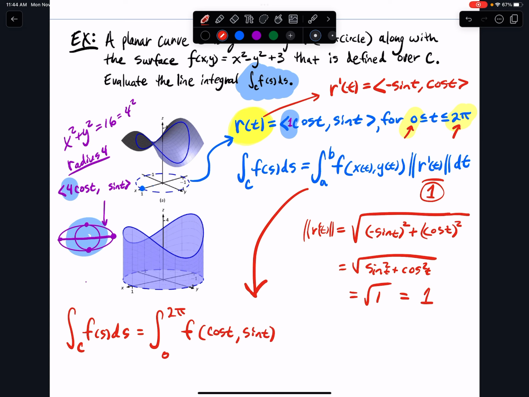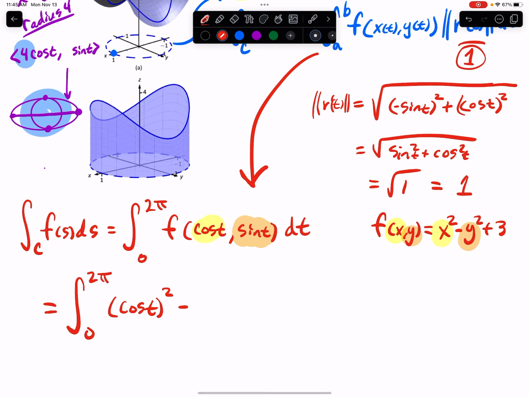So everywhere I see an x, I'm going to replace it with cosine t. And everywhere I see a y, I'm going to replace it with sine t. So this becomes the integral from 0 to 2 pi of cosine squared t minus sine squared t plus 3 dt.